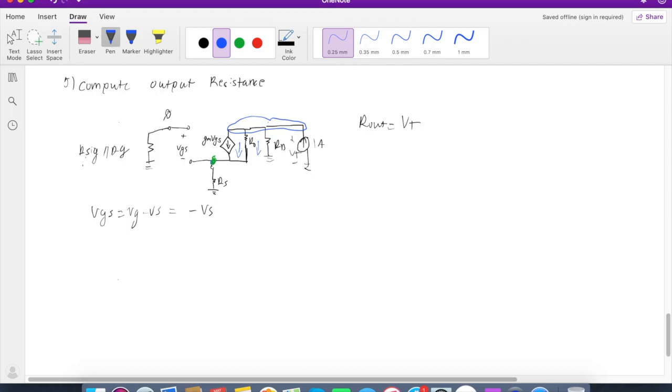We can simply write this as 1 equals, now we know VT is going to be the voltage across the entire node, so VT over RD plus VT minus VS over R naught plus GM negative VS. It would be GM VGS, but remember, VGS is equal to negative VS. So let's rewrite this as VT over RD plus VT over R out minus VS over R out minus GM VS equals 1.